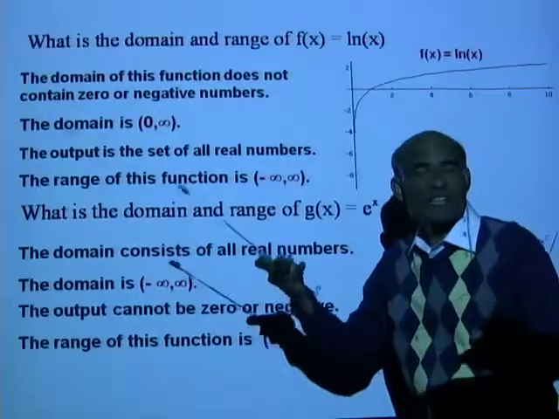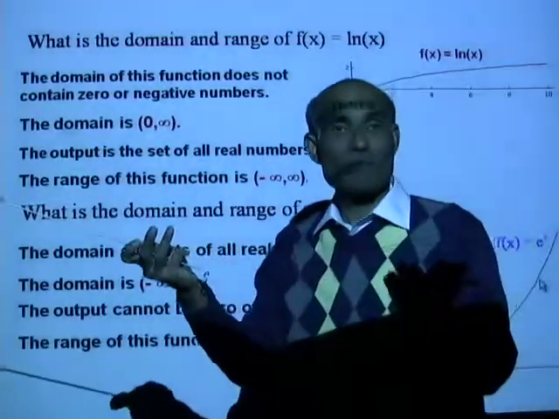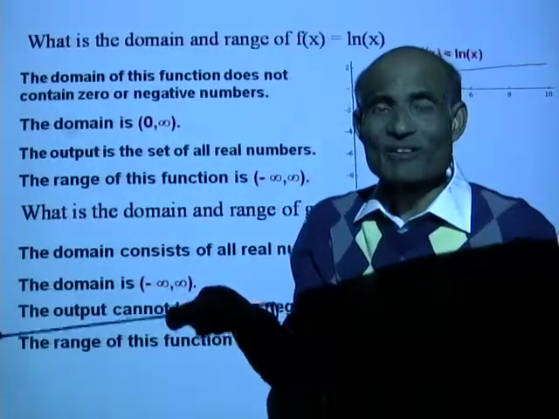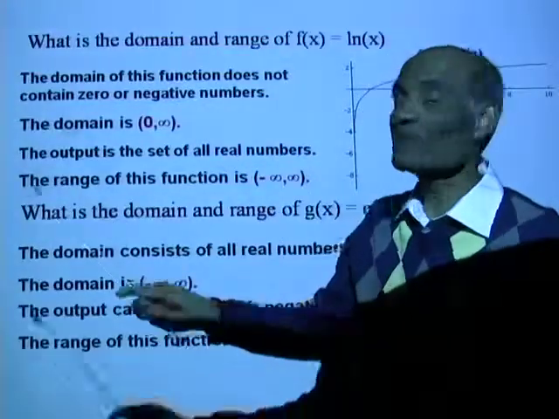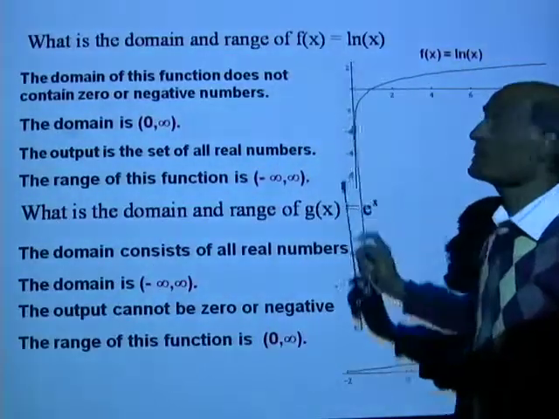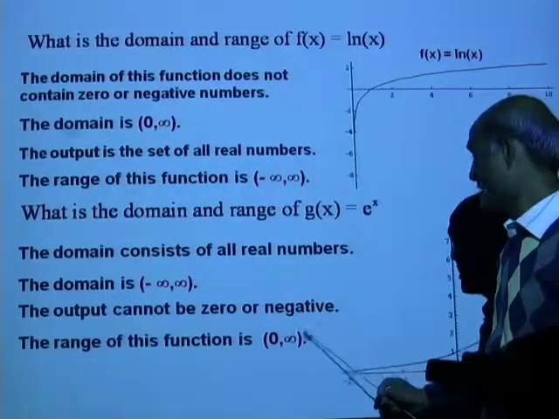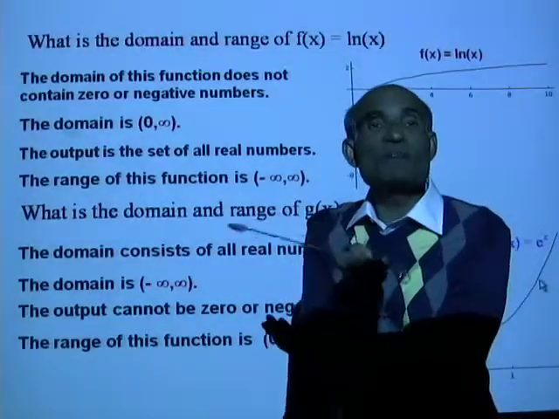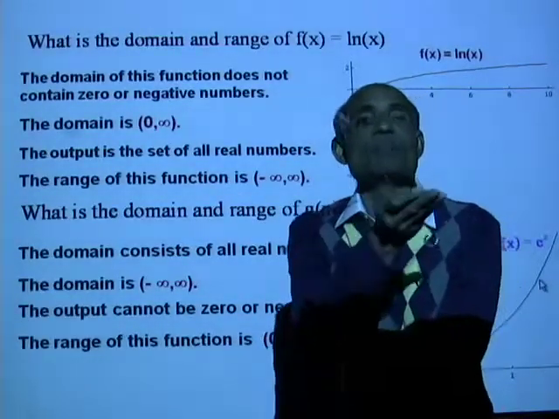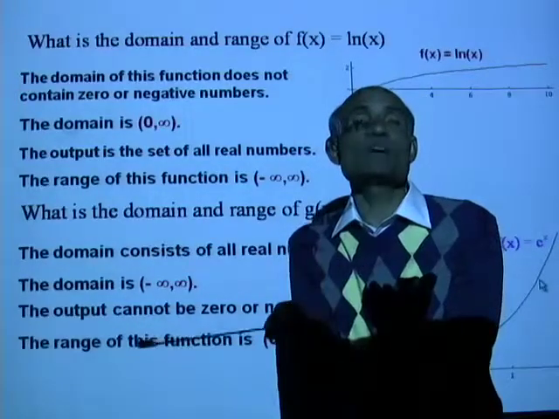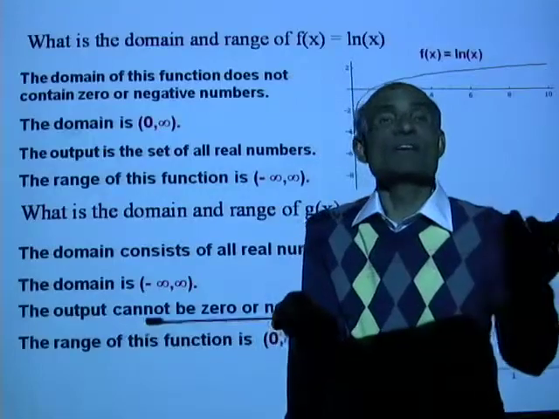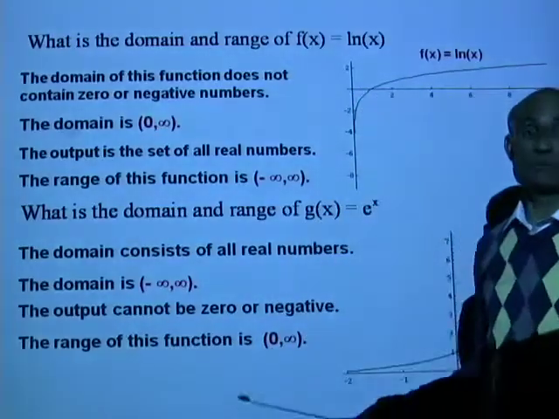What do you call such two functions? Well, you have done that in pre-calculus, I'm sure. They are inverse of each other. So f of x equal to ln x and g of x equal to e to the power of x are inverse of each other. The domain of one function is the range of the other, and the range of one is the domain of the other.